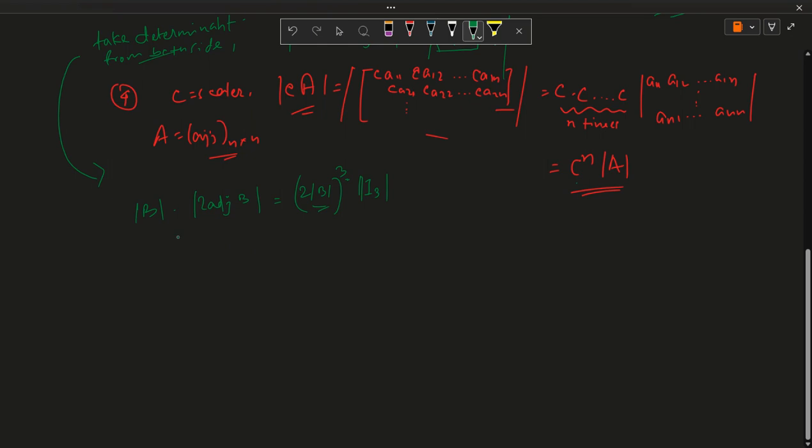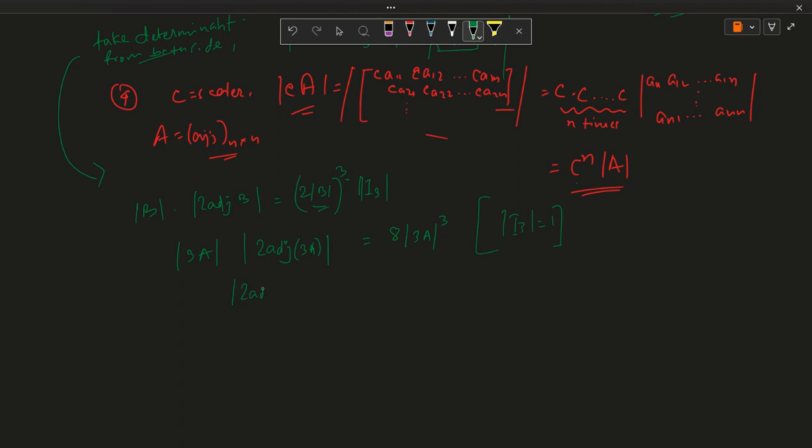Okay, so now we come to all numbers. I can write mod B as mod 3A into determinant of 2 adjoint of 3A equals 8 times 3A cubed, and determinant of I3 equals 1.